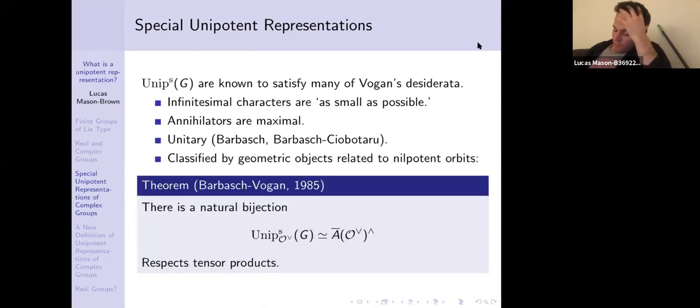And remarkably, these representations admit a classification which is at least superficially very similar to Lusztig's result. They prove that the set of special unipotent representations of G attached to some orbit O check is in natural bijection with irreducible representations of the corresponding Lusztig quotient group.